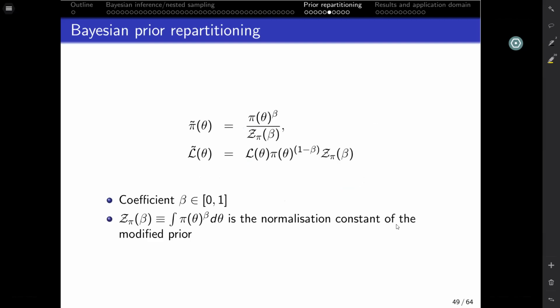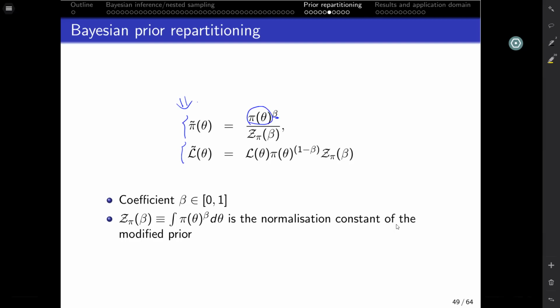So here is a little bit more detail about tilde pi and tilde L. This is the normalized version, which comes from the original prior to a power of beta.